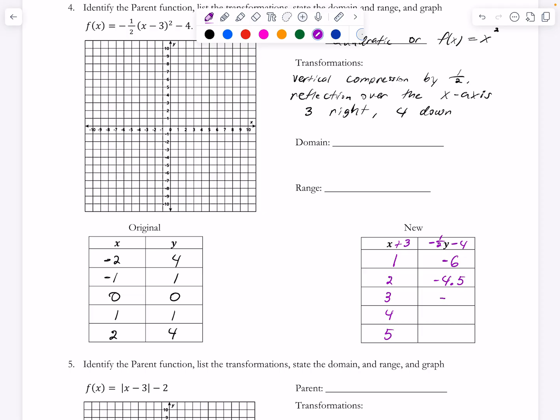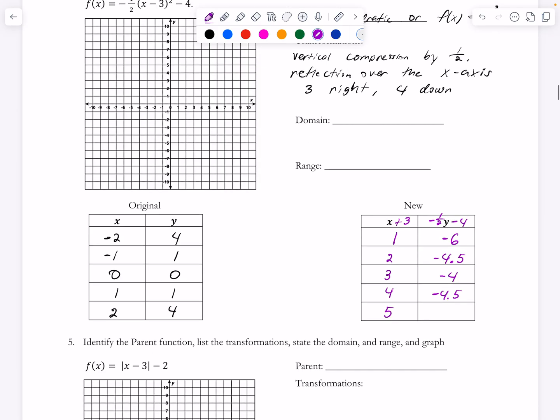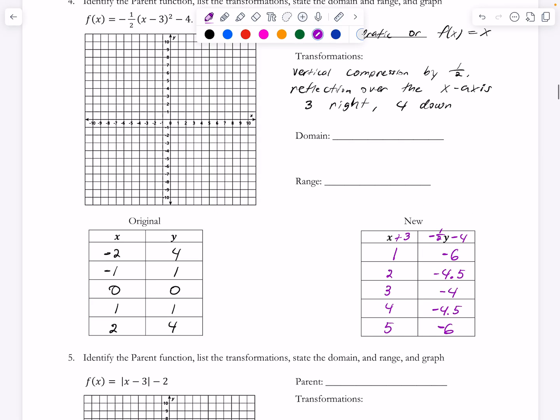That's 0 minus 4 is -4. This one is also going to be -4.5. And last but not least, this one's going to be -6. All right, so plotting those, I get 1, -6, 2, -4.5, 3, -4, 4, -4.5, and 5, -6.